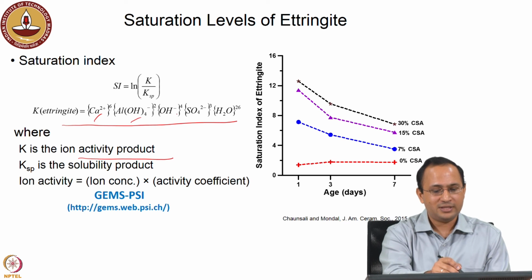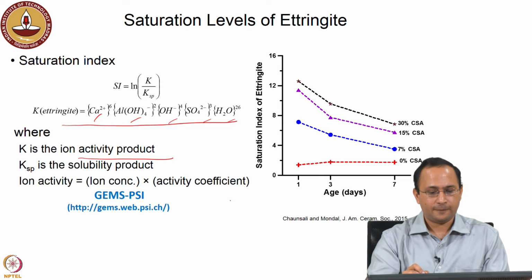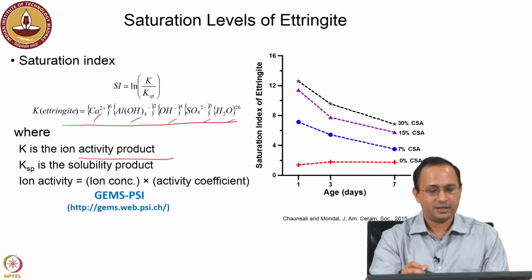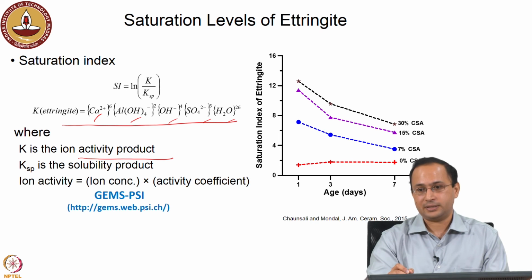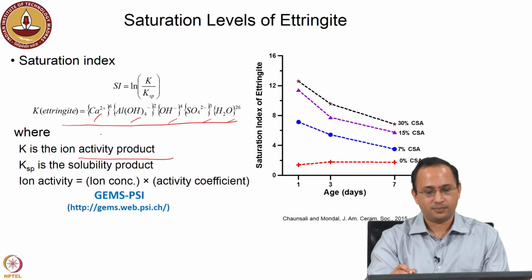So, now if you know these concentrations, right, using any thermodynamic modeling software, you can calculate the ion activity, right. And basically GEMS is the software, relies on the minimization of Gibbs free energy, can give you the saturation index of an individual phase, but the input is concentration, right.